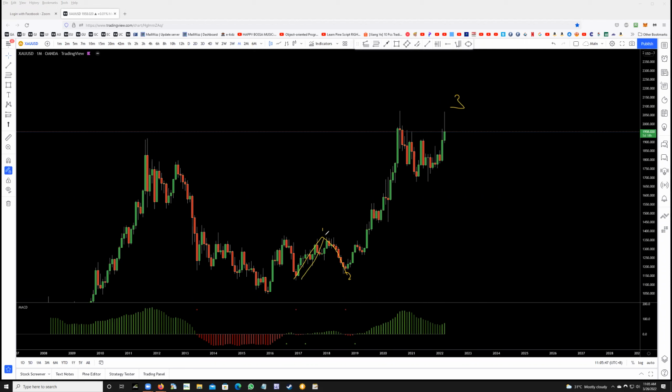So this is a 1 wave, 2 wave, and this whole thing is some kind of third wave until proven otherwise. So whatever we do, we have to trade this on the fly. Whether it goes up or comes down, we just take bits and pieces of this move as it happens. Either that, or we just stay out until it becomes clear.